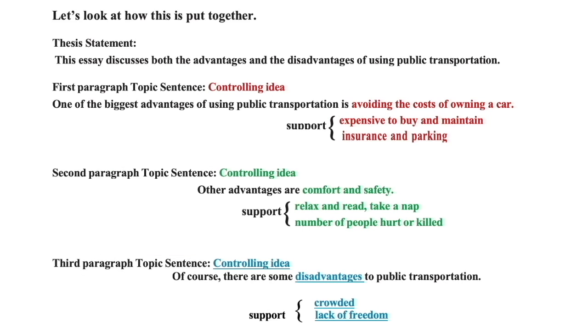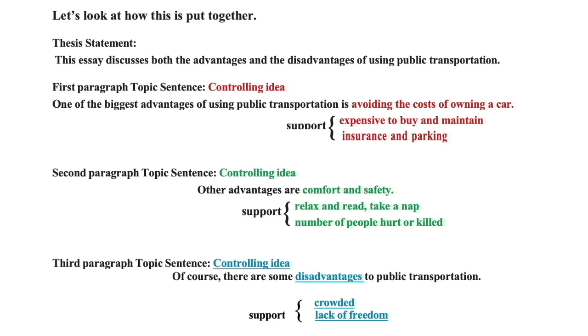The thesis statement: this essay discusses both the advantages and the disadvantages of using public transportation. So the first paragraph, the controlling idea, is avoiding the costs of owning a car. And the support is that it's expensive to buy and maintain, and insurance and parking are all expensive.